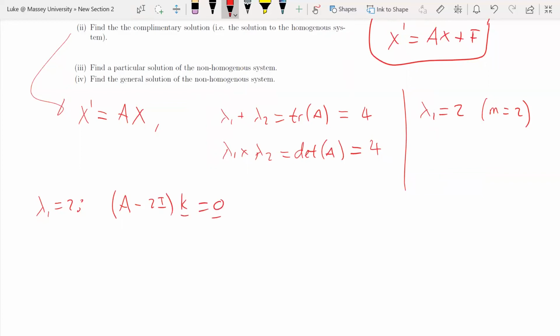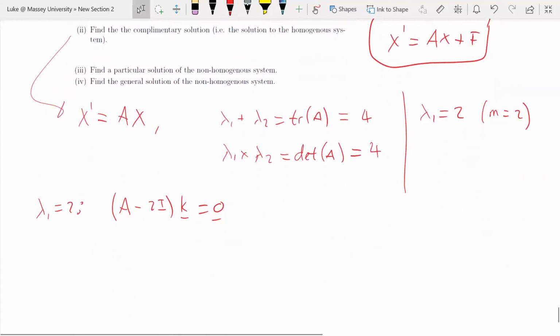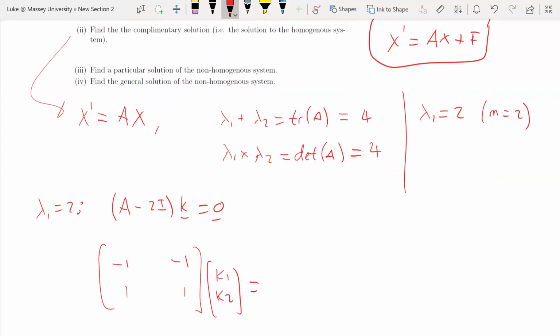Okay, what is A? So 1 minus 2 is negative 1. We had a 1, we had a negative 1 there as well, 1, 1, times K1, K2 equals 0, 0. Both of these lines are telling me the same thing.